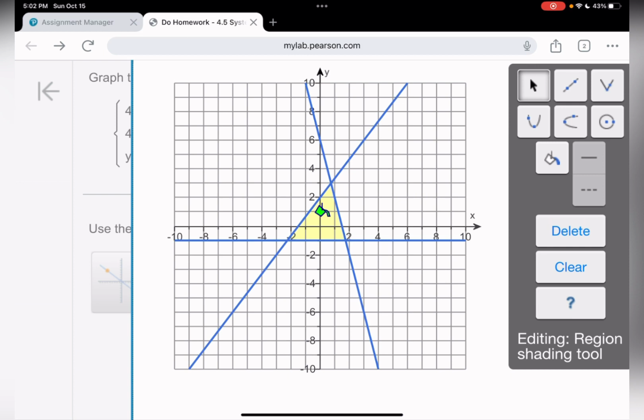So first one, which point am I going to take? I'm taking x is 0, y is 2. No, x is 0, y is... wait, the first one... Which one was first? Why is it 2?